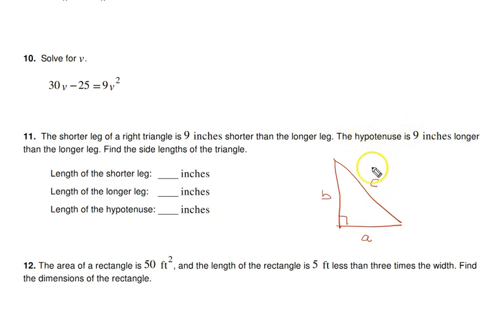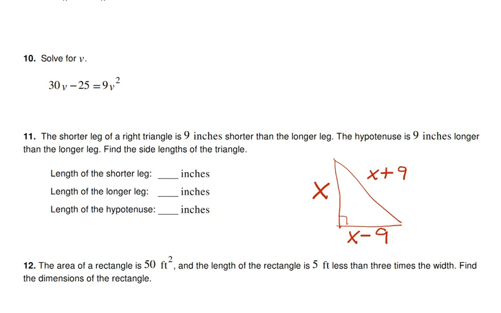Well, here they're saying the hypotenuse is 9. No, 9 inches longer than the longer leg. All right, so we'll have to define this. Let me get back here in a minute. Okay, I should have read this a little more closely. Now I have it down.